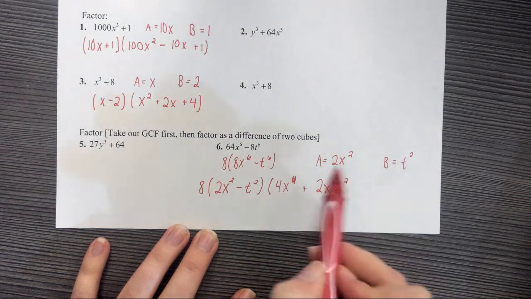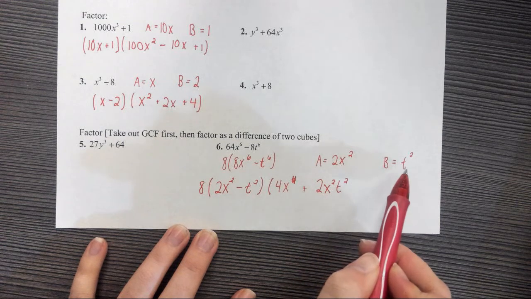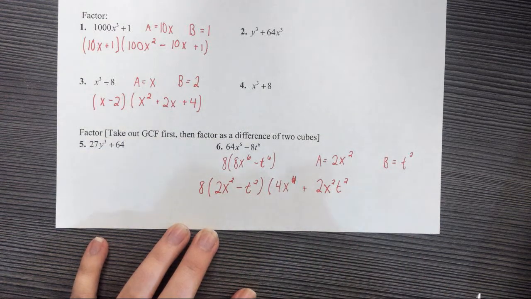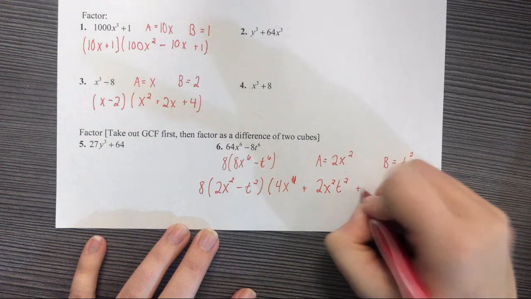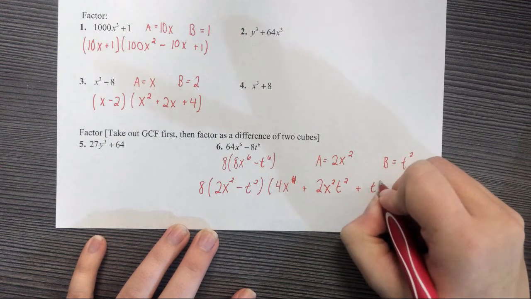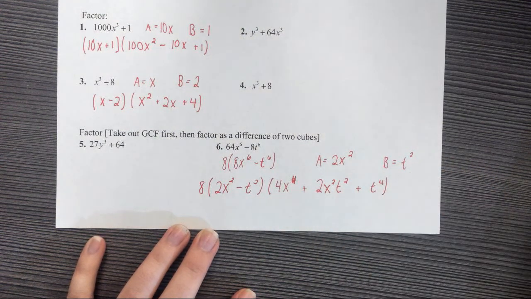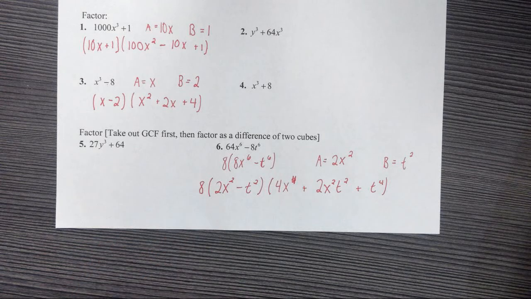Okay, so when you're multiplying these two together, I can't combine the x's and the t's. They just stay separate. And then I have plus b squared, so that's going to be t to the 4th. And that would be your final answer.